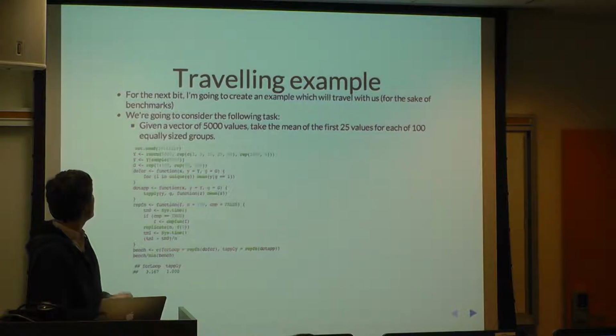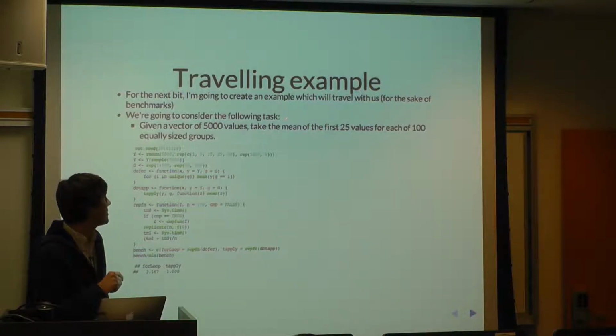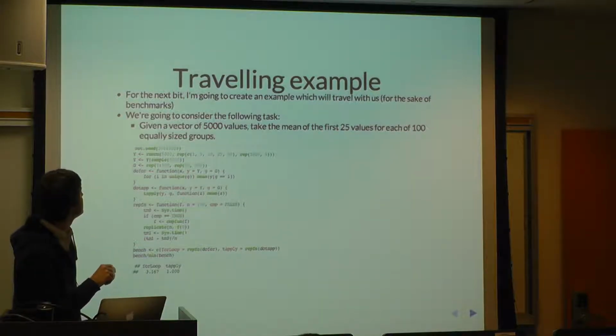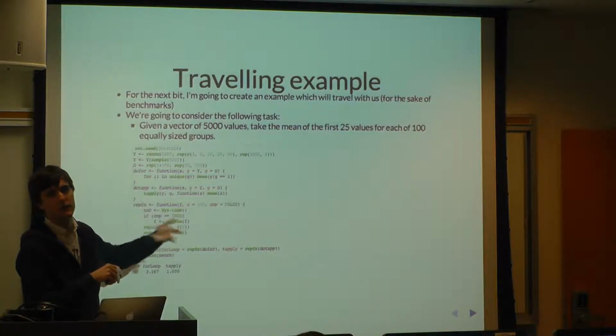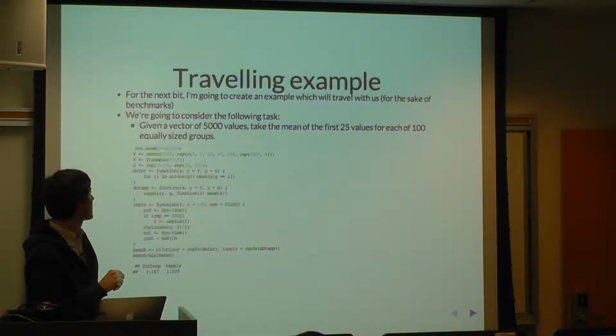This is the code. We generate some variables which have different means, randomly order them, and set up group labels. Then we have the functions we're going to repeat over and over to get our benchmarks.